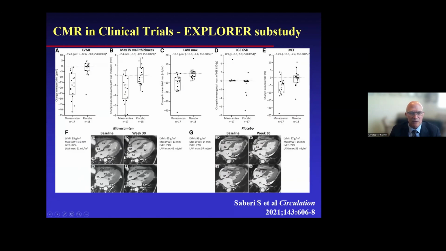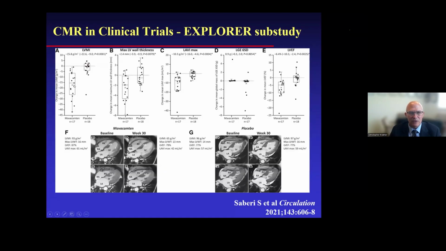So what we showed in this letter in Circulation back in 2021, led by Sara Saberi from University of Michigan, was that the CMI, in this case mavacamten, was associated with reverse LV remodeling over the short time period of this study.